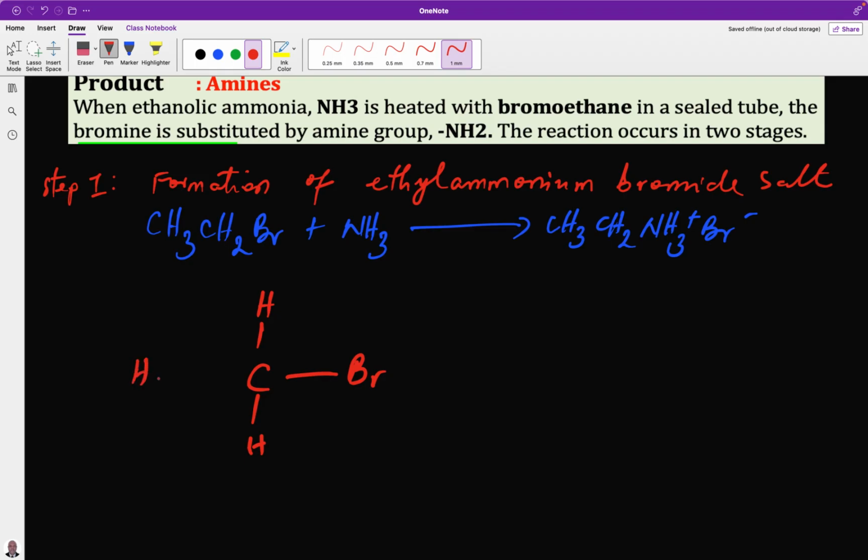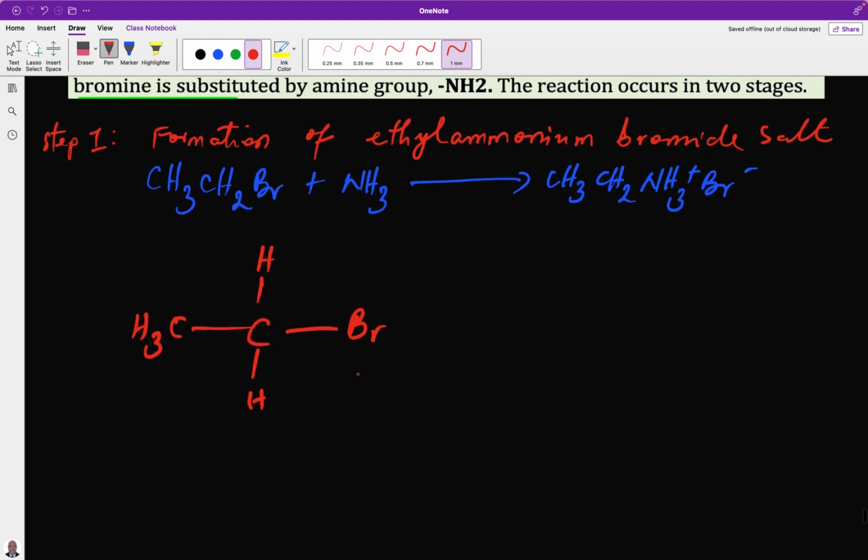Now, when ethanolic ammonia is heated with bromoethane, let me put ammonia here. This is ammonia, H3N.